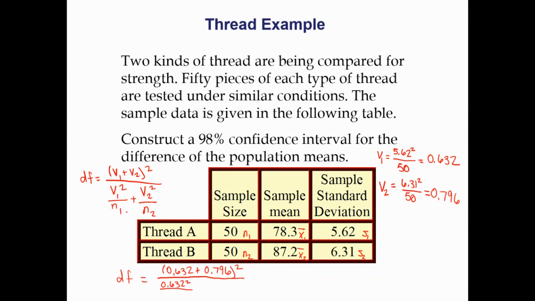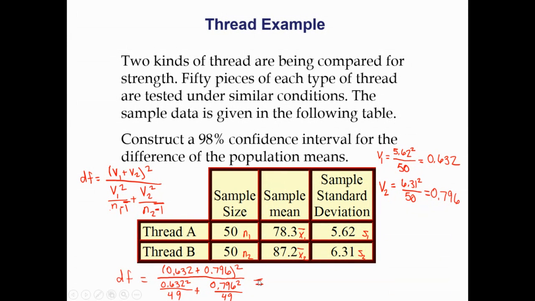Well, for the bottom, oh, I left something out. It should be in my N1 minus 1 and N2 minus 1. Whoopsies. 50 minus 1 is 49. Plus 0.796 squared over 49 again because they have the same sample size.